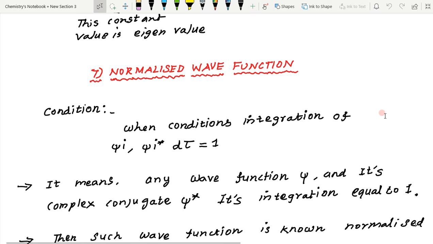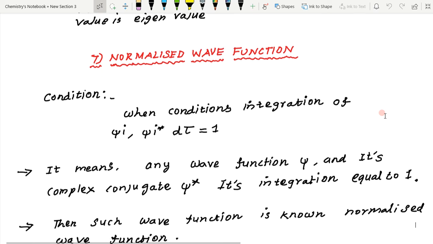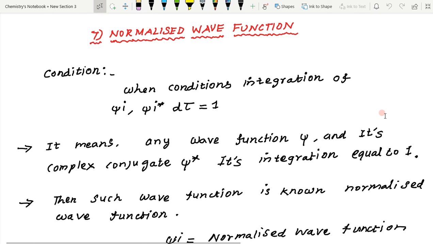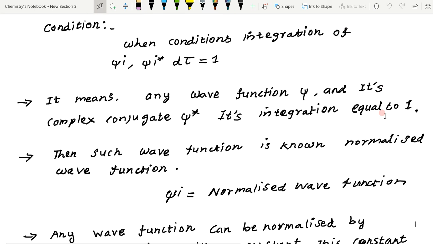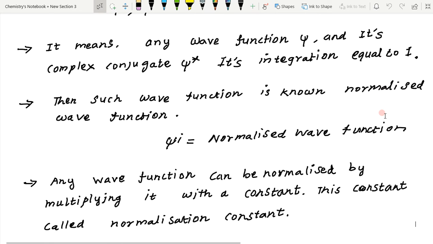Next, 7-1, normalized wave function. What is a normalized wave function and its conditions? First we will see the condition. The condition is that the integration of psi star psi d tau equals 1. It means for any wave function psi and its complex conjugate psi star, the integration equals 1. Then such a wave function is called a normalized wave function.